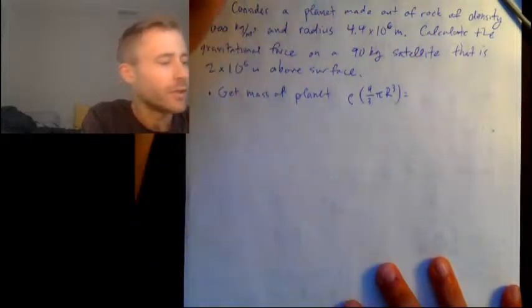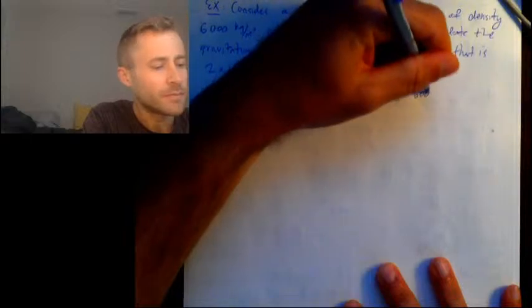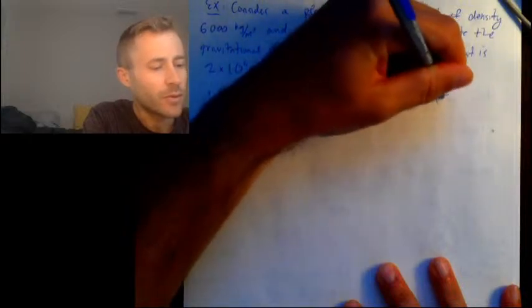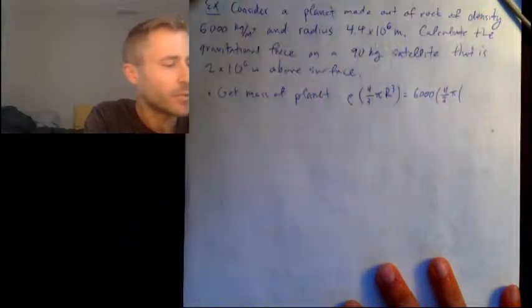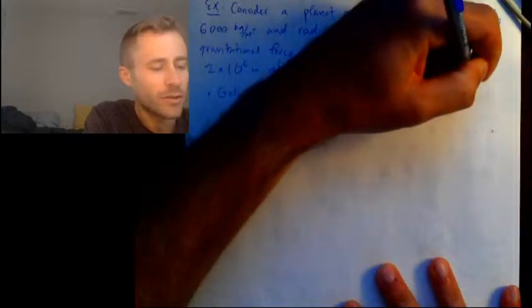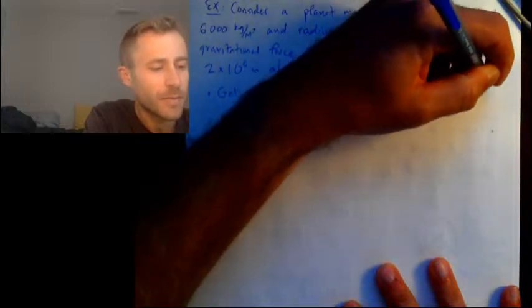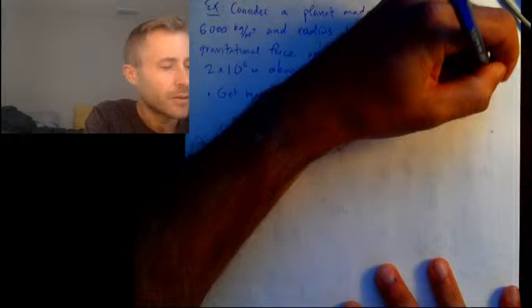So we get 6,000 times 4/3 pi times 4.4 times 10 to the 6th cubed.